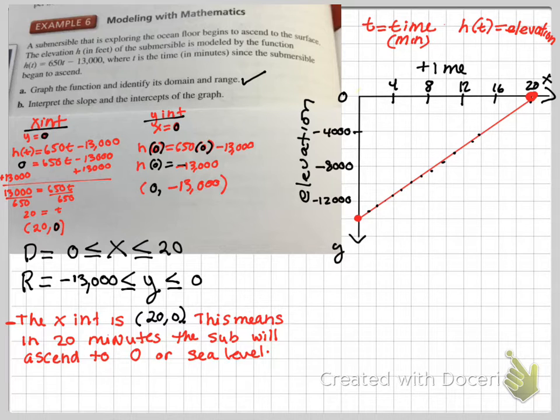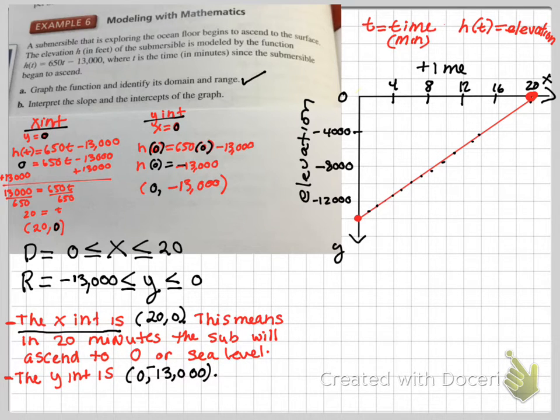Now we're going to use the same language, except we're going to do the y-intercept. First you have to identify: the y-intercept is (0, negative 13,000).